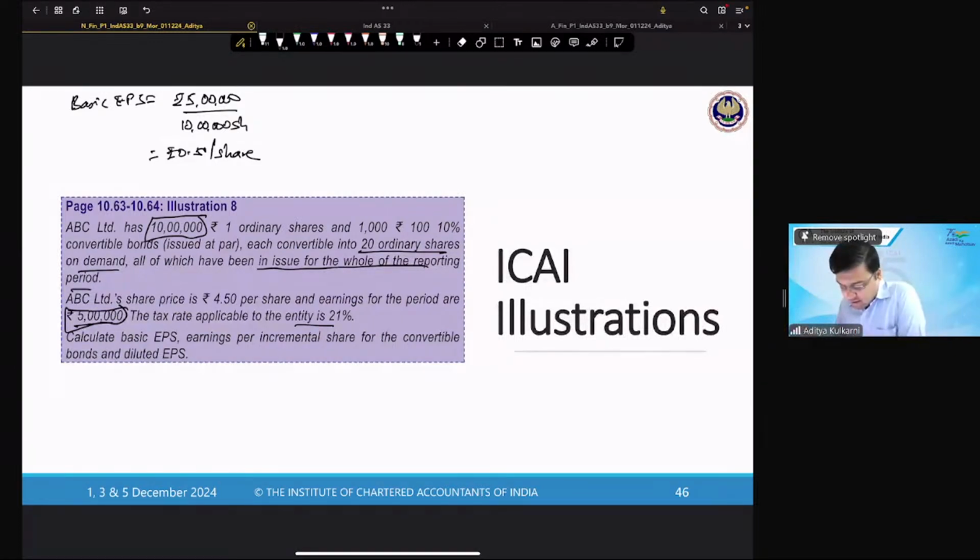What have they asked? Earnings per incremental share. How will we calculate it? I have 1000 convertible bonds, each convertible into 20 ordinary shares on demand. So 1000 into 20, 20,000 ordinary shares.